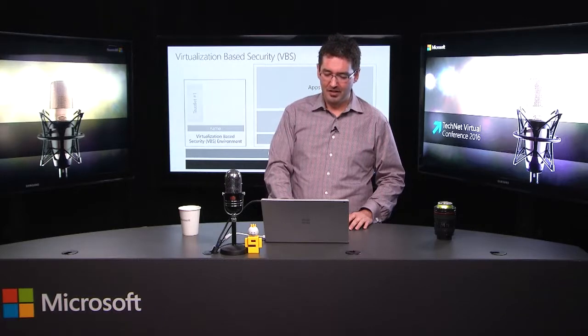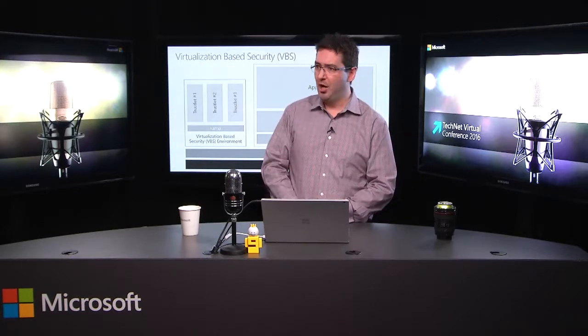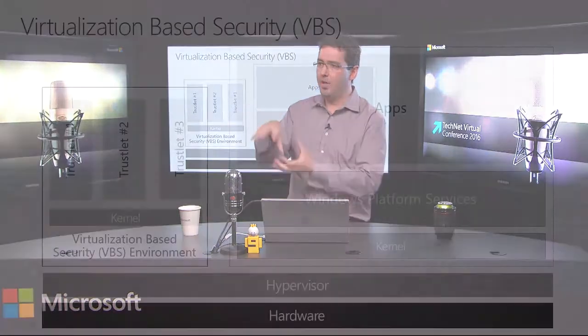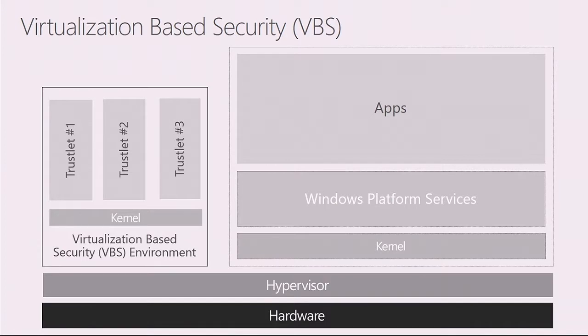So we've got Hyper-V running on the PC. It boots a little mini operating system. We put all of the sensitive Windows processes into that component. They are separated, and if the kernel gets compromised, there are no LSA secrets to steal. So it's running in this little black box.